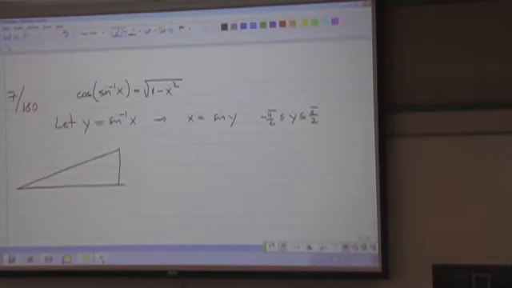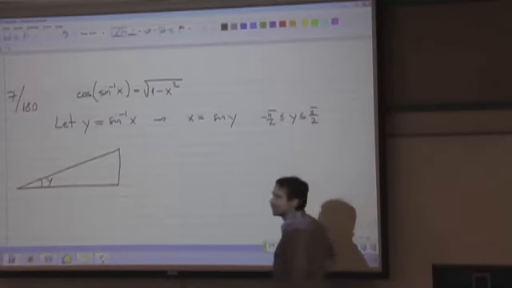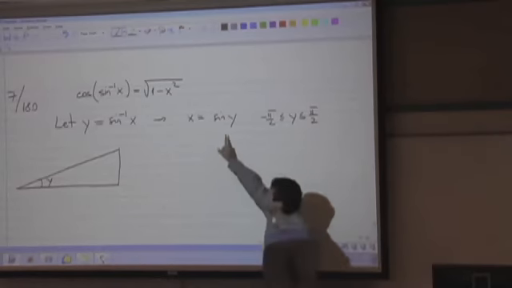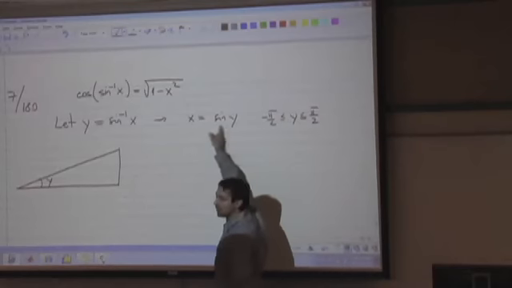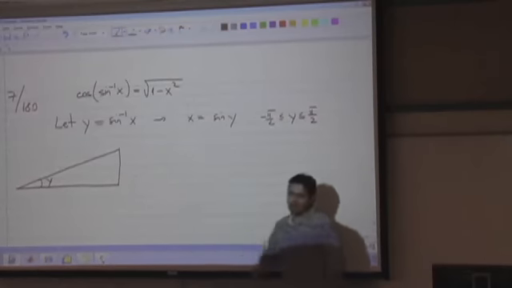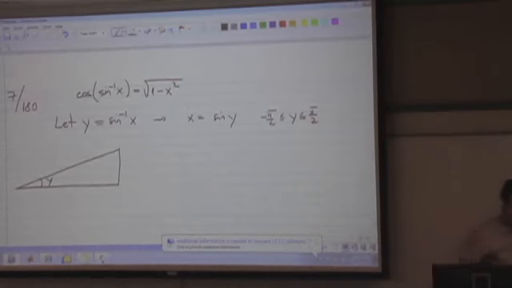I wouldn't say this is nicer, but anyway. Sine of my angle is equal to x, right? Which means this is x, and the hypotenuse is 1, right?